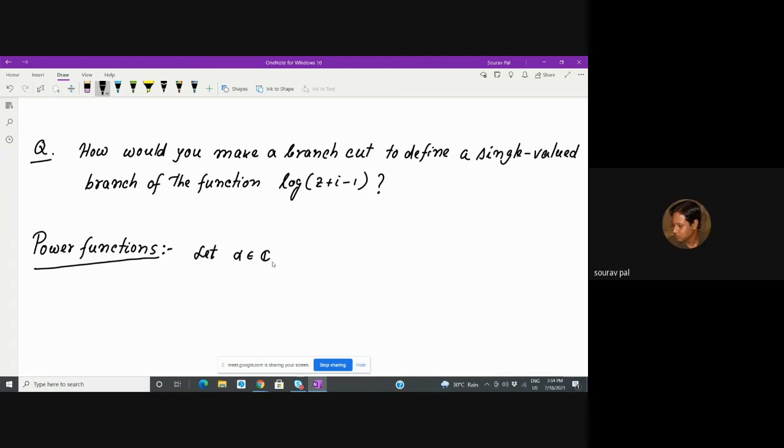Let alpha be a complex number. We define the power function z to the alpha to be the multi-valued function.